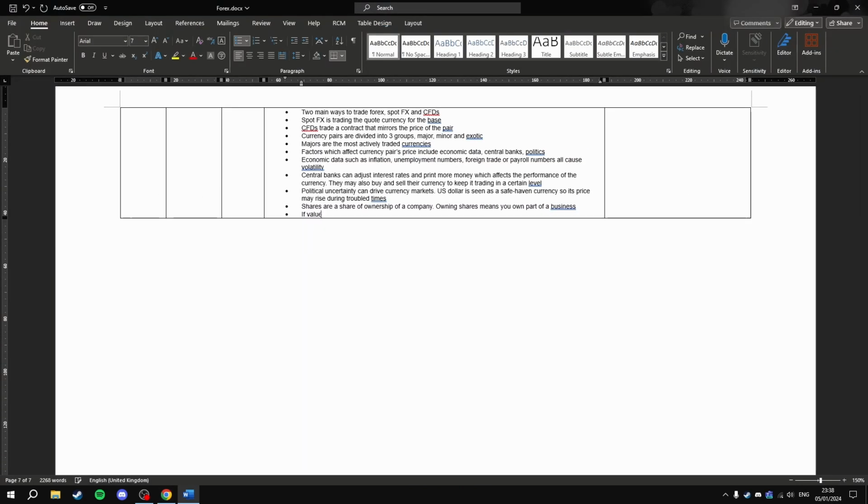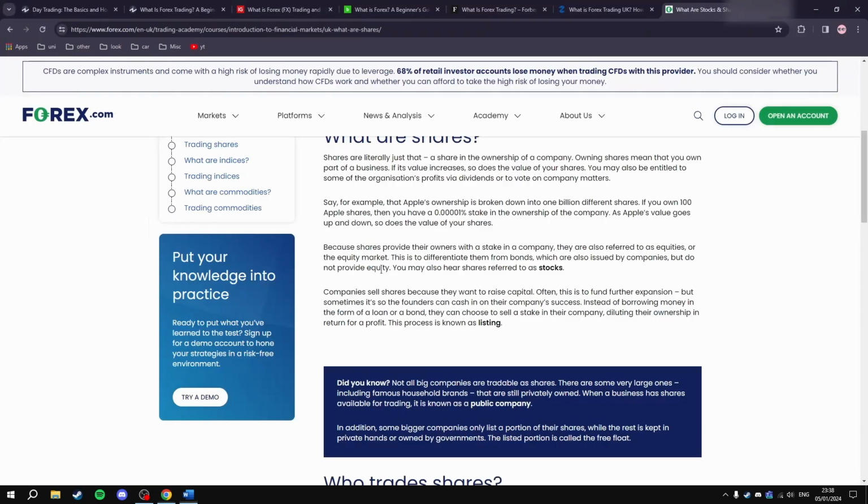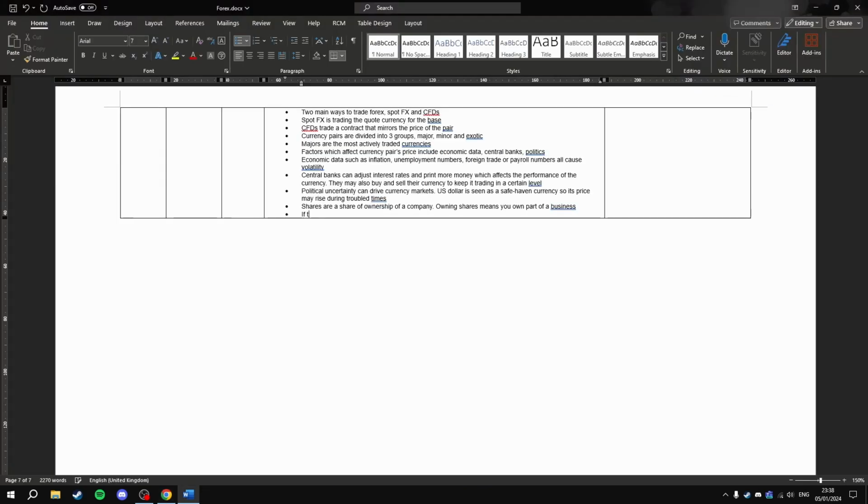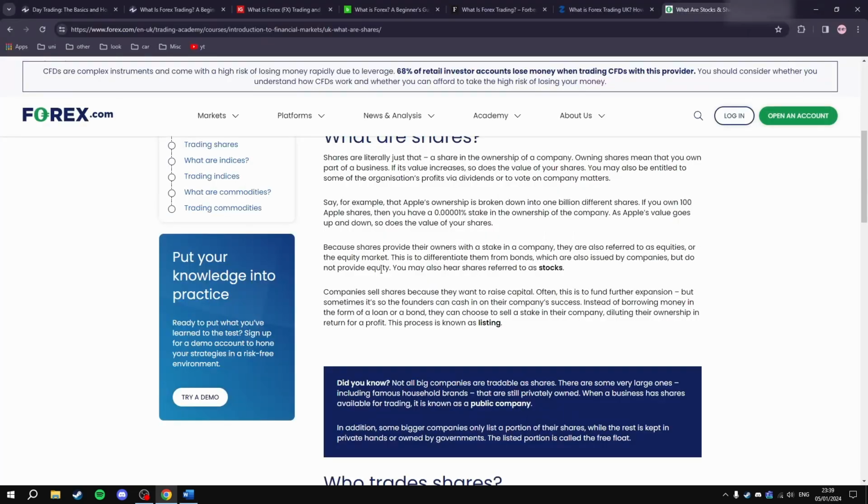If the value of the business increases, the value of your share also increases.